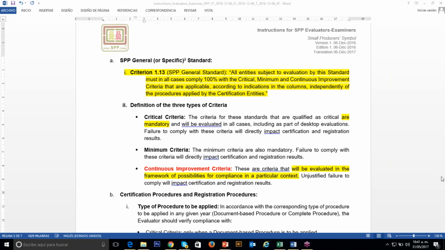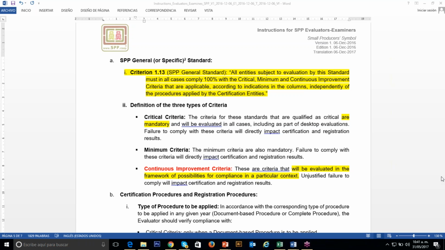Every year they have to increase 5% of the purchases until up to 25%. This is at least they have to get this 25% of each product they sell as SPP.